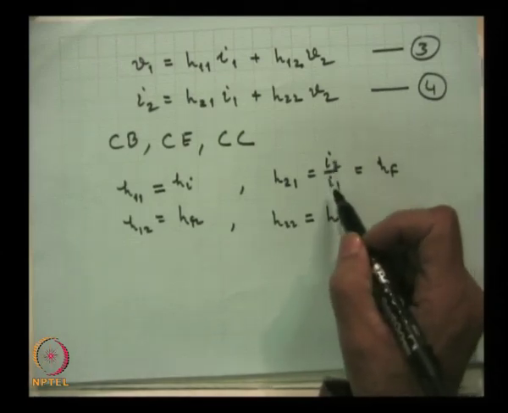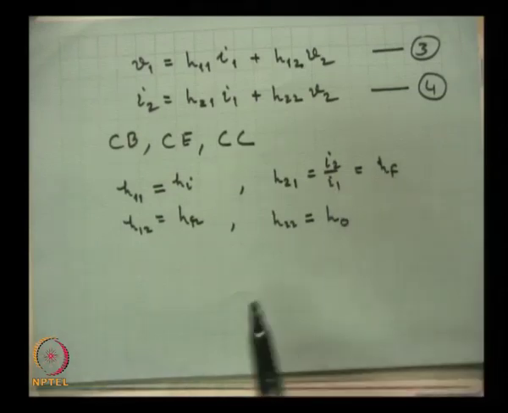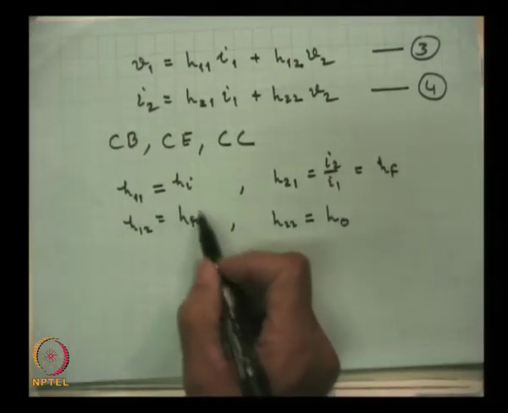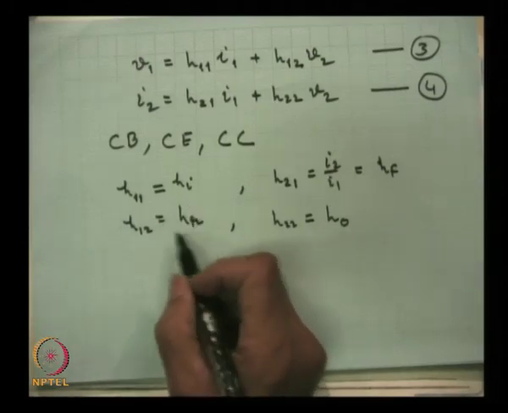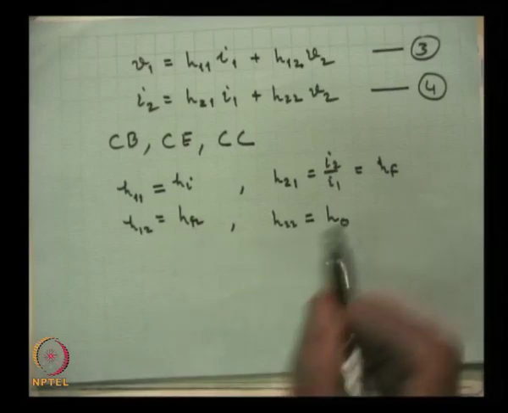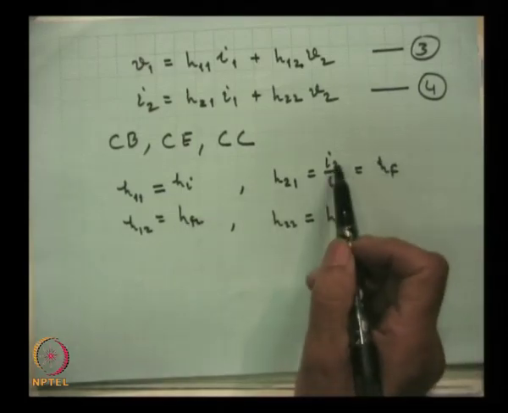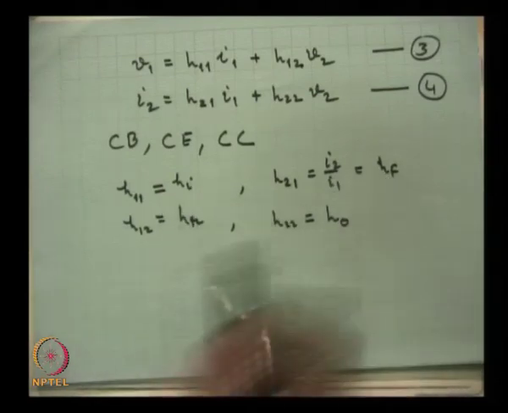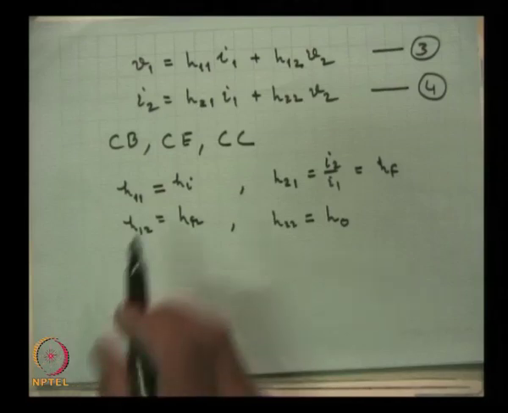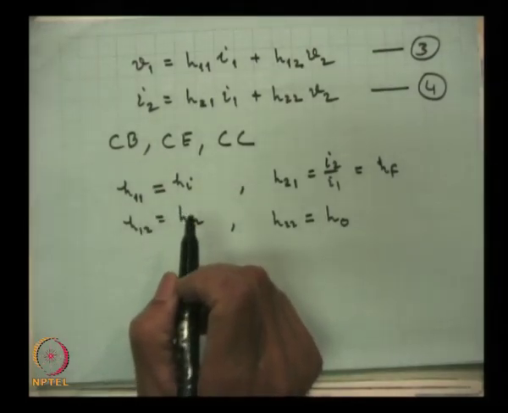So, I2 by I1 is the forward current gain, and this is a feedback term, reverse voltage ratio HR, and so this is current ratio which is forward current gain, this is voltage ratio, and these are the impedance. So, that is why these parameters are called hybrid parameters.